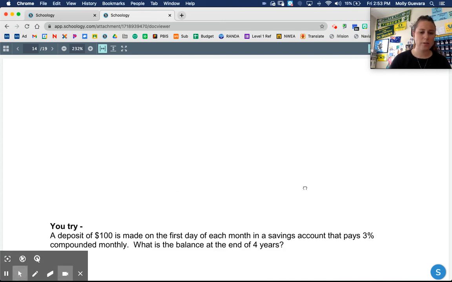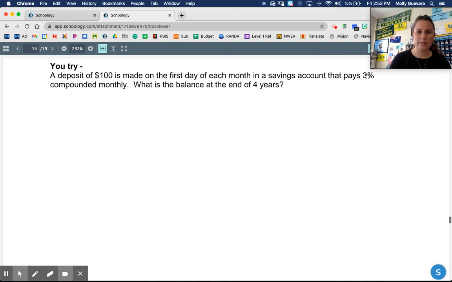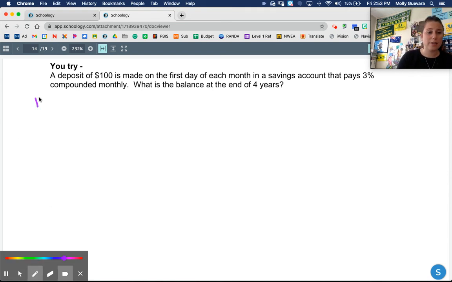Okay, so another one, last one for you to try on your own. Only difference is now it's paying 3% and you're putting in $100 a month. Okay, so again, your first deposit is going to be 100 times 1 plus 0.03 over 12 times a year.